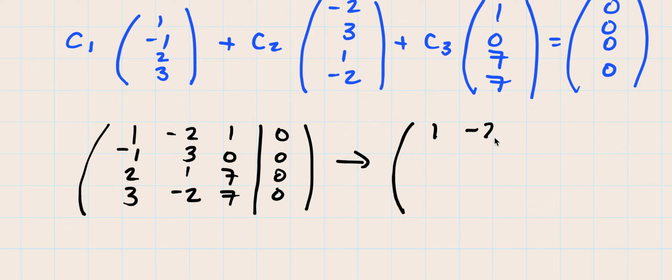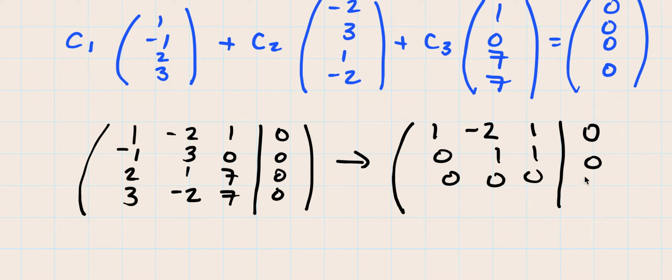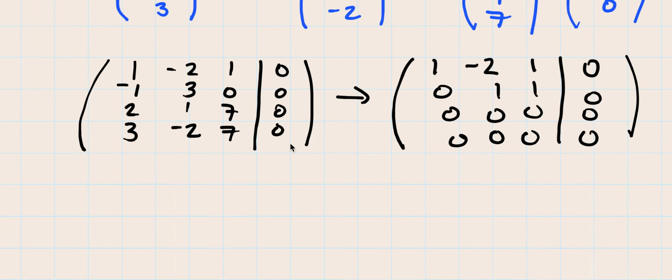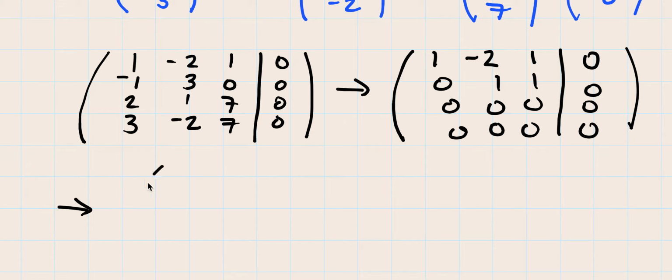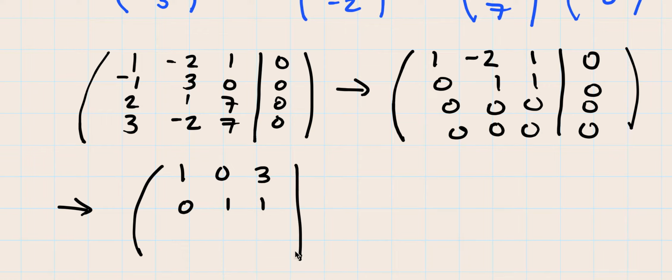In row echelon form, you should get something that looks like this. And now in reduced row echelon form, you'll get 1, 0, 3, 0, 1, 1.